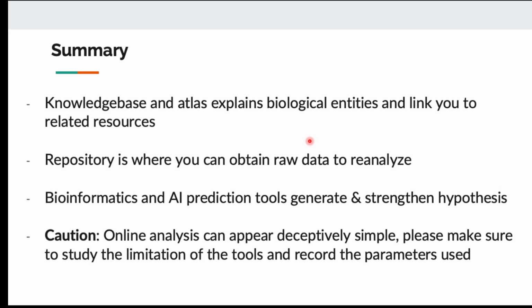And we saw from many assignments that we can use online tools to run bioinformatics pipelines and do many things that you need to do. So nowadays it's getting easier and easier to analyze bioinformatics data.